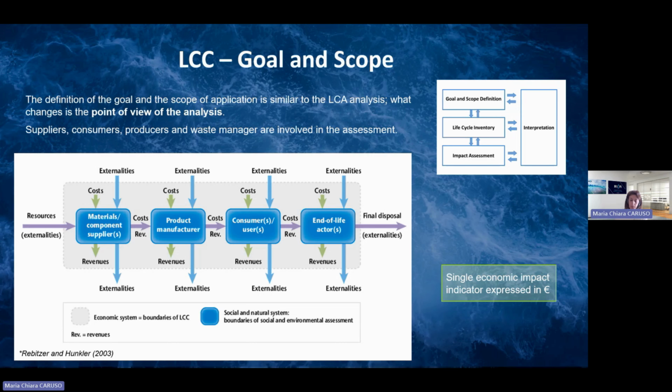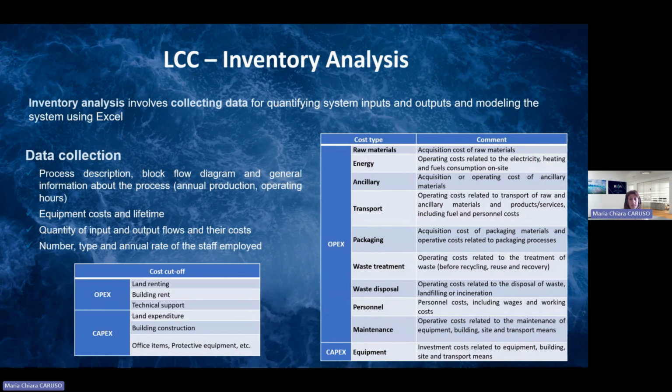Then in the inventory analysis, we need to collect the data for quantifying the costs related to the life cycle of the product. Therefore, we can collect operative costs and capital costs, mainly the ones reported in the right table.